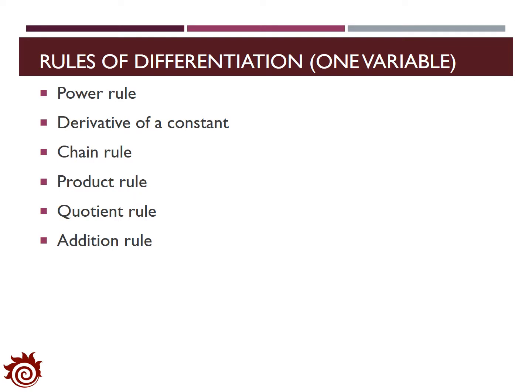For the function with only one input variable, there are some fundamental rules of derivation, including the power rule, derivative of a constant, chain rule, product rule, quotient rule, and addition rule. I believe you all have learned these rules in calculus, so I will not touch on the details in this lecture.